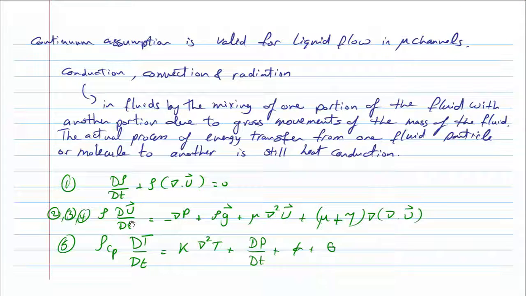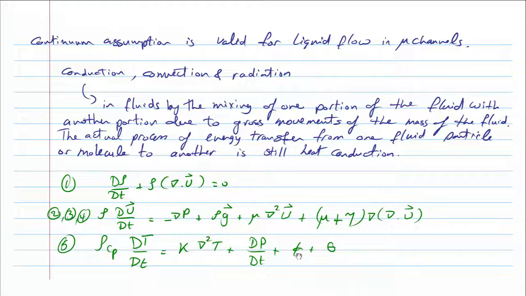One for u, one for v, one for w. And this capital Du by Dt means 4 terms: partial u partial t, the unsteady term, plus u partial u partial x plus v partial u partial y plus w partial u partial z. When it's a capital D like this, it means the total derivative, not the local partial u partial t.